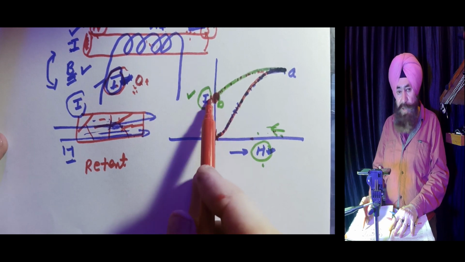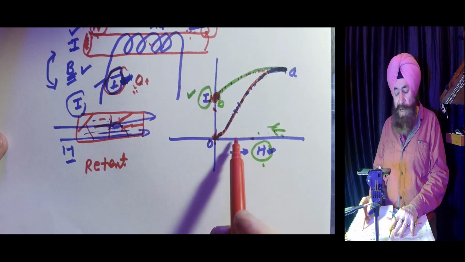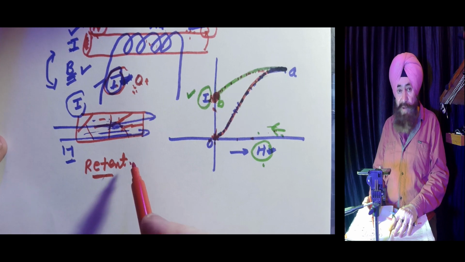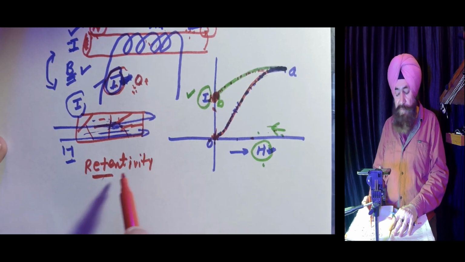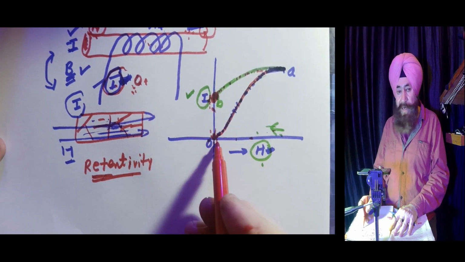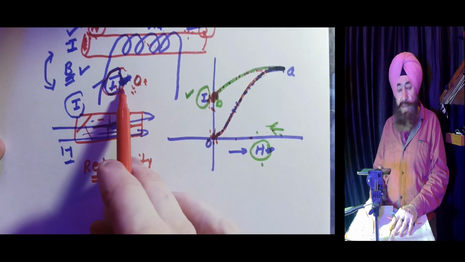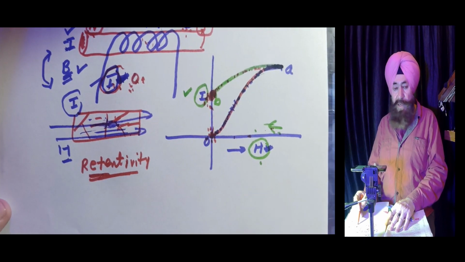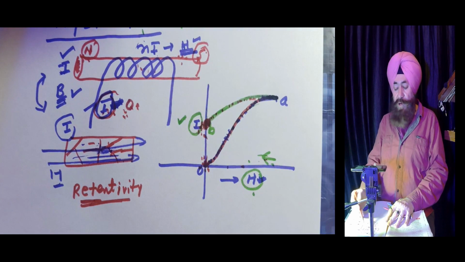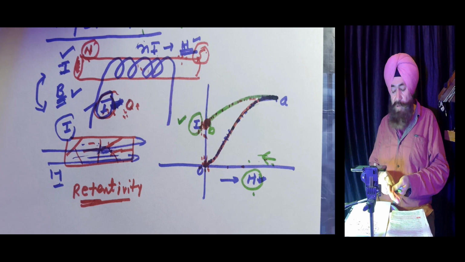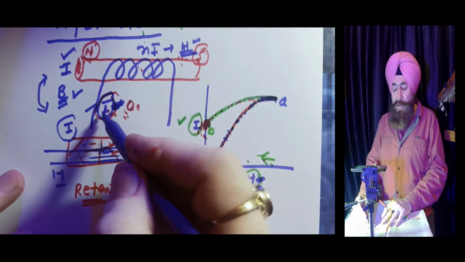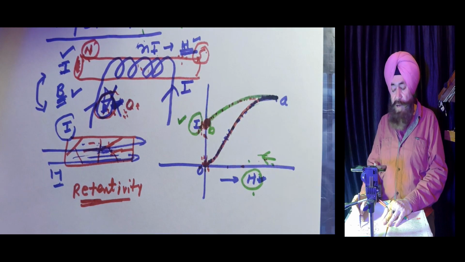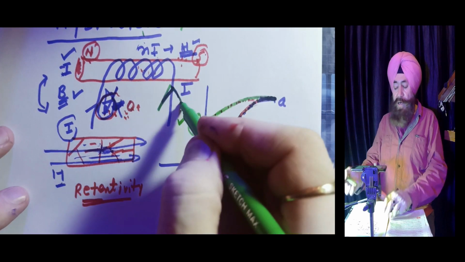So the magnetization which is left, the value of I which is left when H is 0, is called retentivity, a very important phenomenon. Or it is the residual magnetization left even when the current is 0. Now, what next? Now we pass the current not along this direction, but we change the direction of the current.